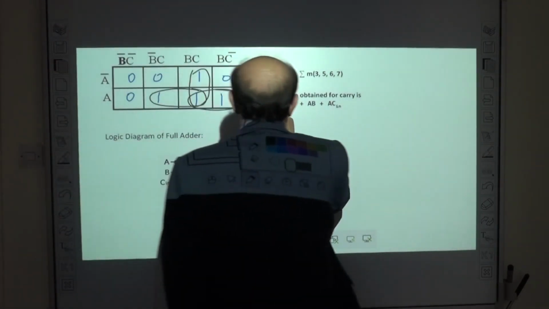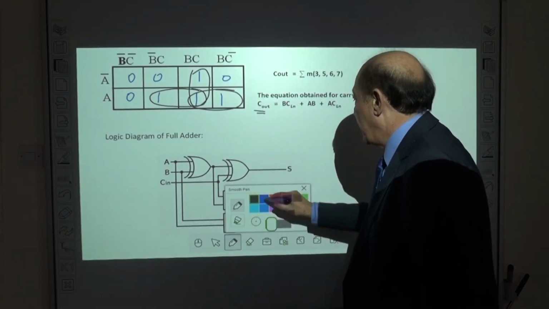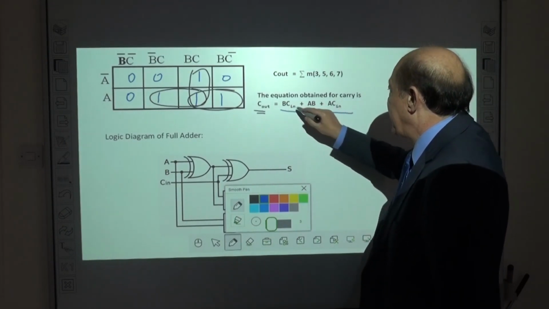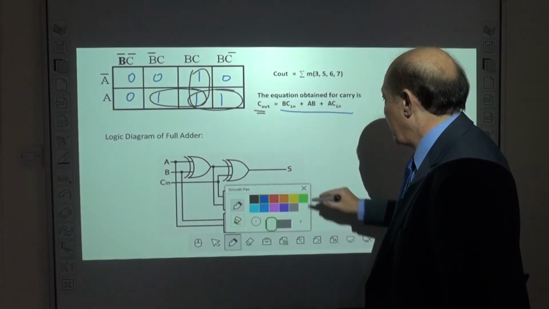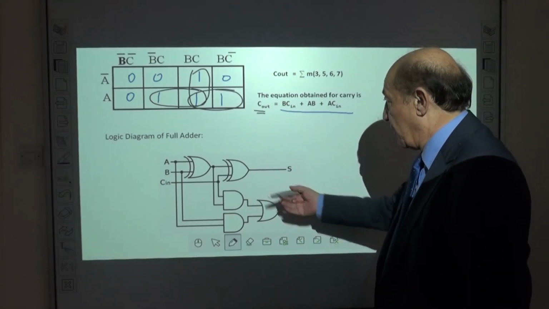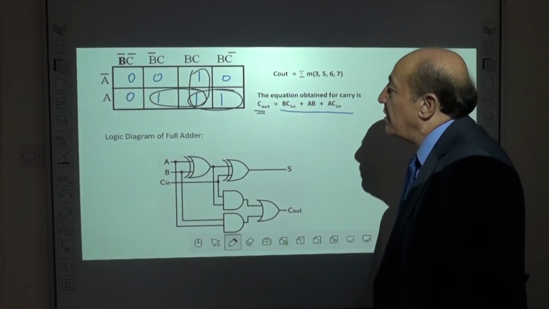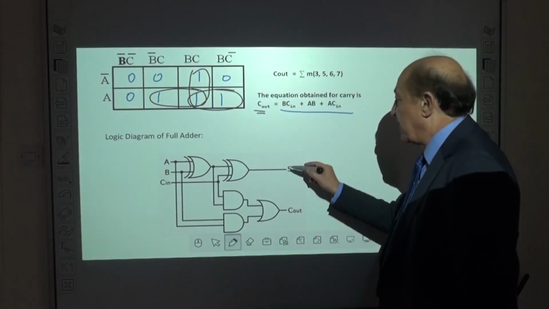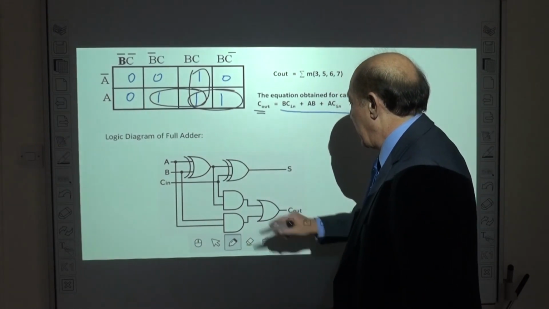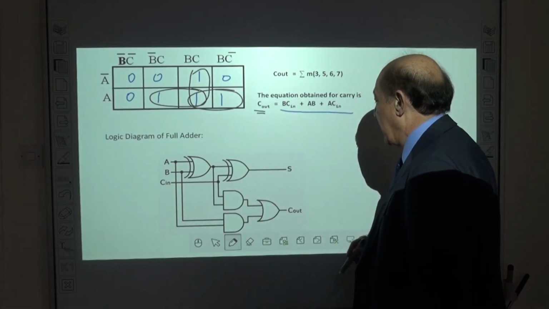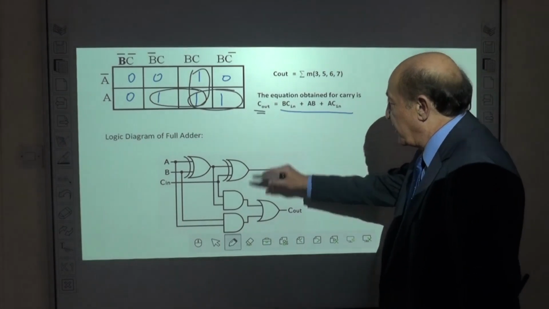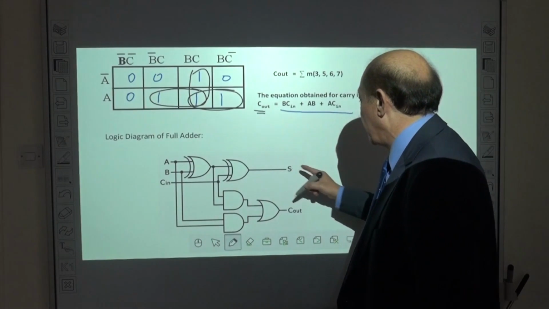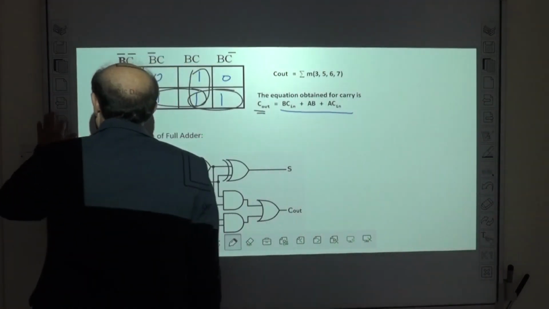And the minimal expression for the carry is AB + BC + AC. The full logic circuit for the full adder: we have inputs A, B, C, the sum is exclusive OR, and this is the expression for the carry. So this is the logic circuit for a full adder that adds 3 bits together and outputs the sum and the carry.